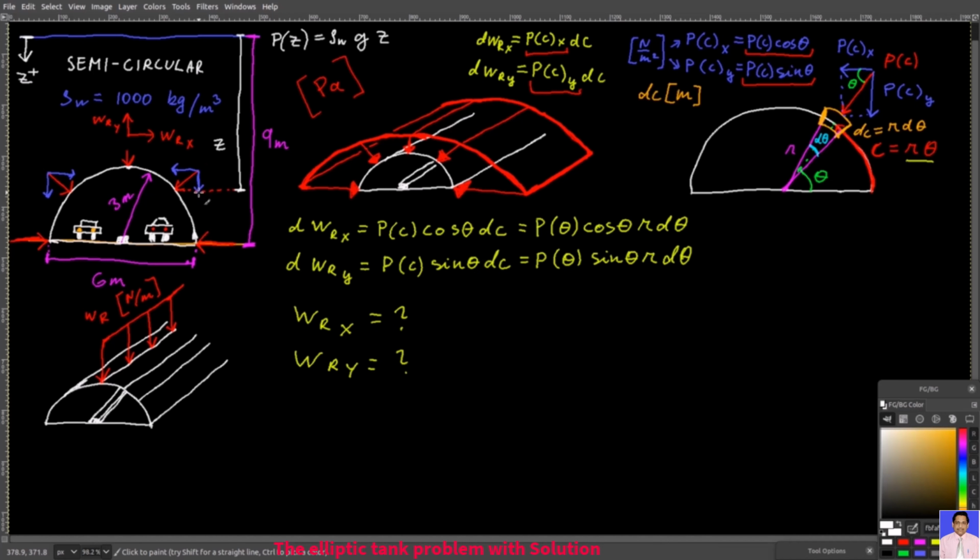And it's always normal to the surface of the tunnel. To find wrx and wry, we need to be able to express pressure as a function of arc length instead of pressure as a function of z. So we need this one and not this one.